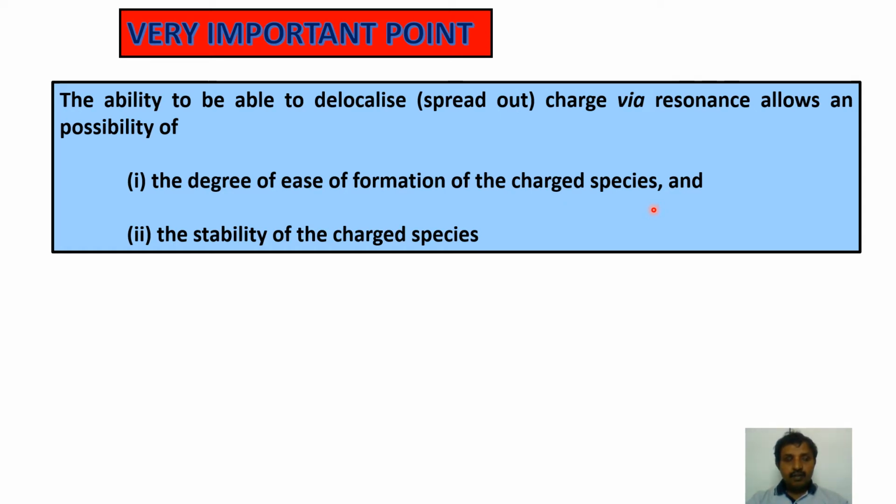So, for example, the benzyl carbocation, which is positively charged, is very stable due to the involvement of resonance in its canonical structures. The benzyl carbocation is extra stable compared to aliphatic carbocations.